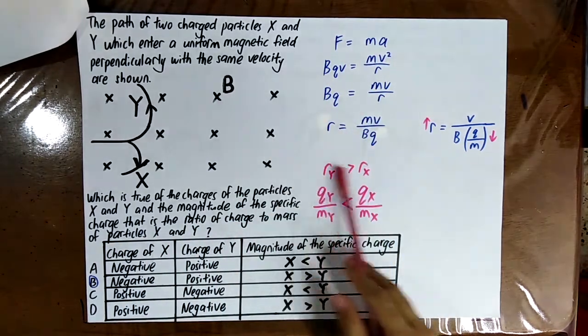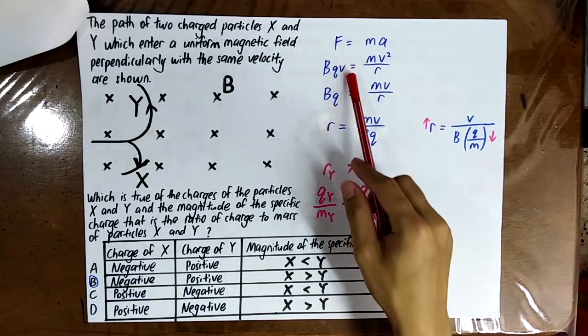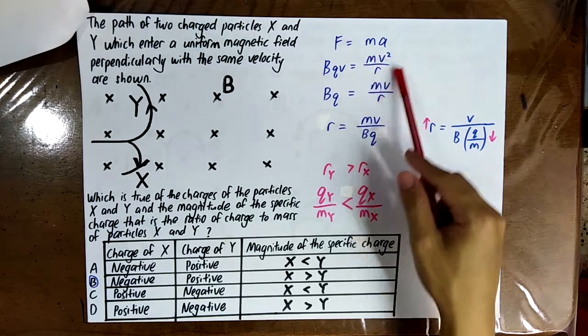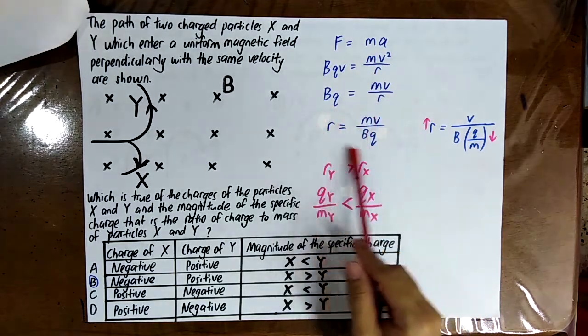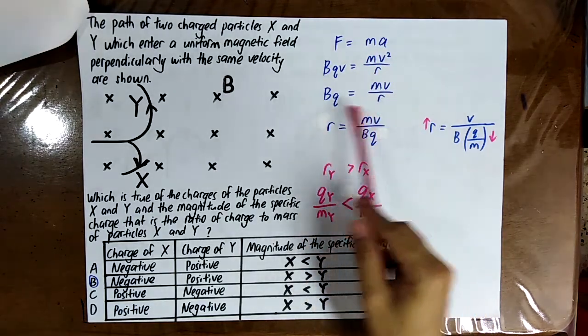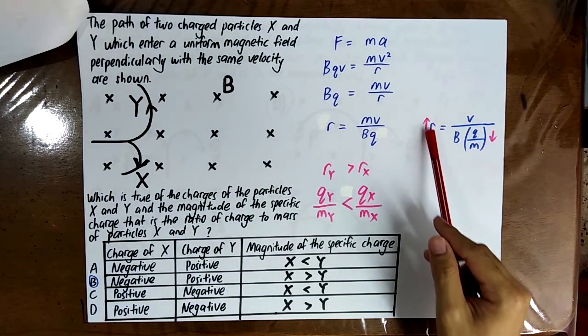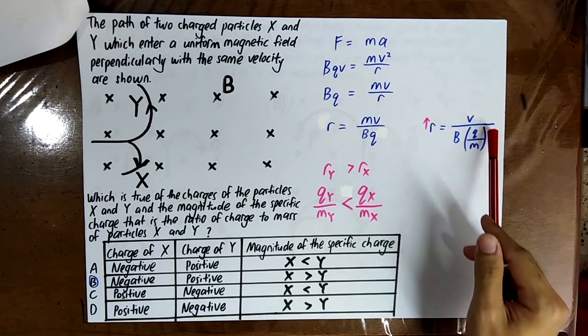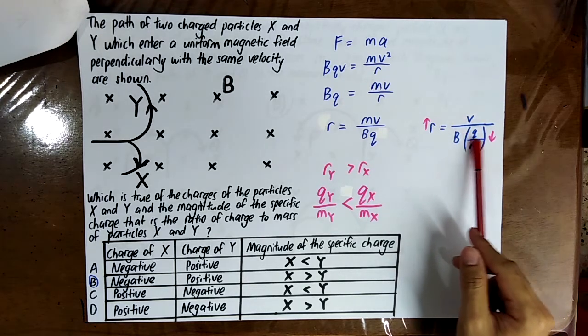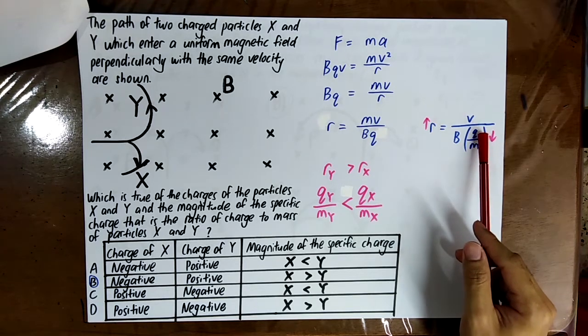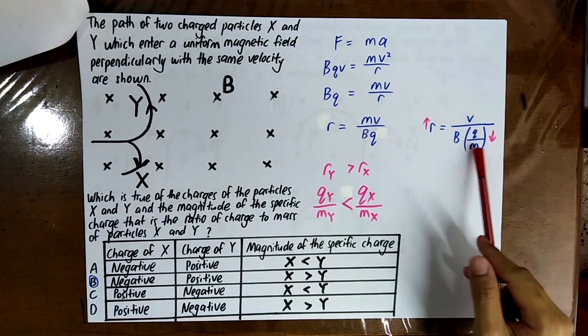So you know that F equal to ma, where the force is the magnetic force and a is the centripetal acceleration. Then you know the expression for the radius of the circular path. So the radius is inversely proportional to the charge to mass ratio. Charge to mass ratio is the specific charge.